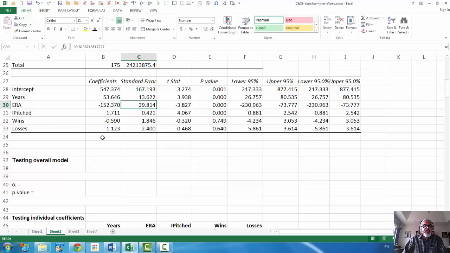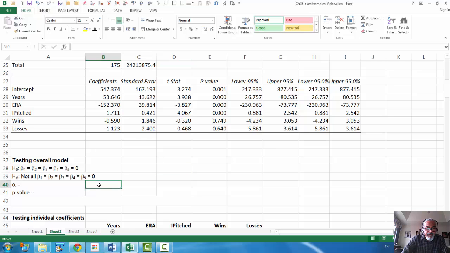Okay, now we want to test the overall model. Then the hypotheses are, so the null hypothesis is that all the 5 slope coefficients are 0. The alternative is not all of them are 0. So let's use 5% level of significance.